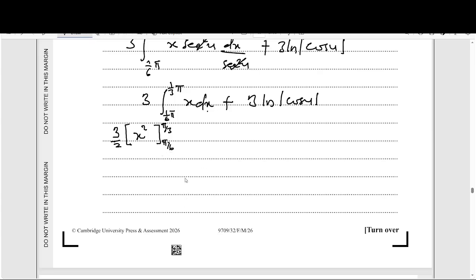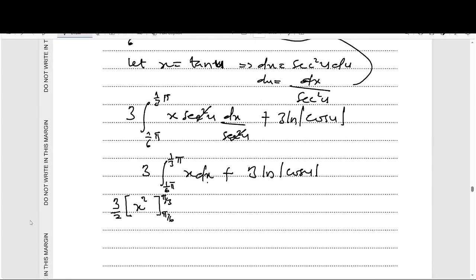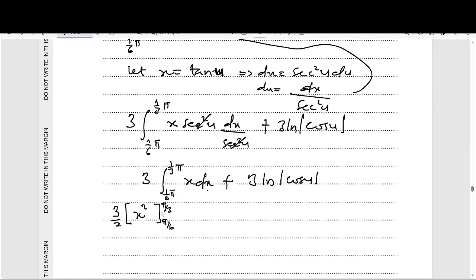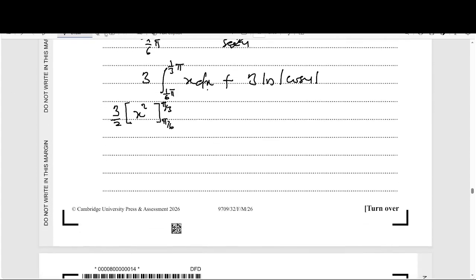However, I'm not going to do the substitution over here because I did not change the limits to be defined for x. The limits pi over 3 and pi over 6 are defined for u. So when I get back to the substitution, I'm going to replace the x squared by tan u since I did not change the limit. I'm going to do that straight ahead over here.